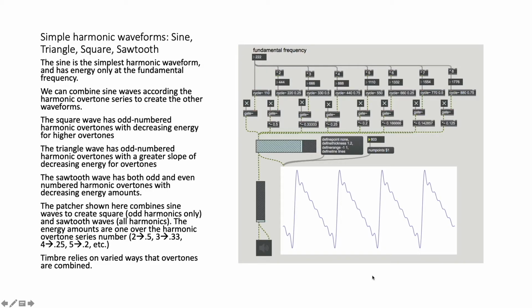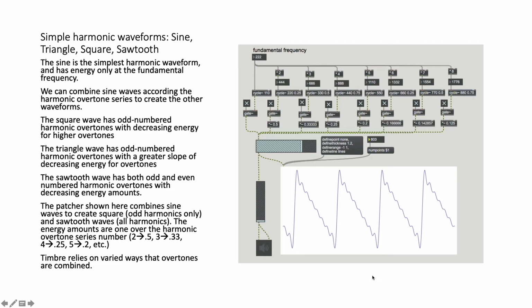The combination of harmonics with a fundamental frequency is what allows instruments to have different timbres. So one way to understand timbre as it relates to instruments is that each instrument combines the overtone series in different ways.